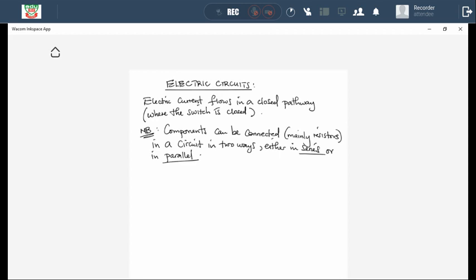Right. So I'm going to make a very nice table here. The first column has got the name of the component, right? And then the second column indicates the symbol of that particular component.